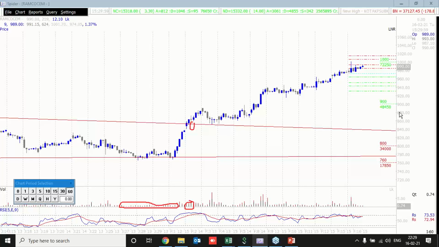That's what happened. Immediately after the breakout, it went up from about 850 to about 880 odd levels, and then there was a mini correction which took the stock back to about 850, again the breakout area. And again you can see the volume really picked up at this point.